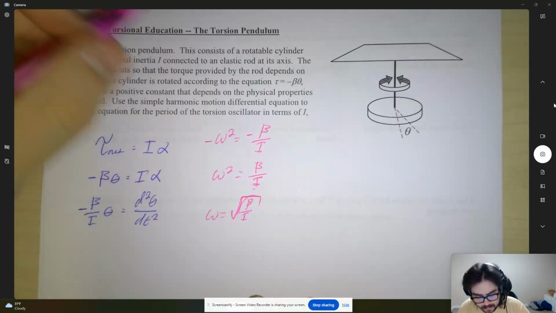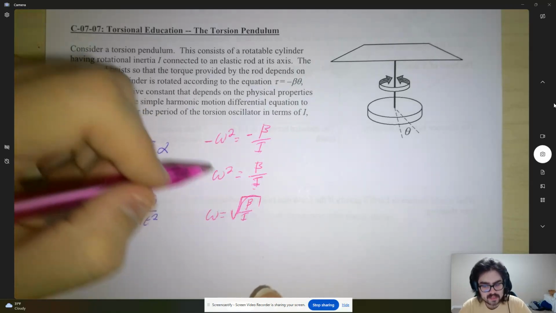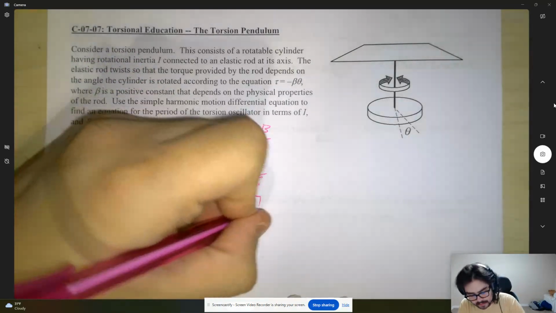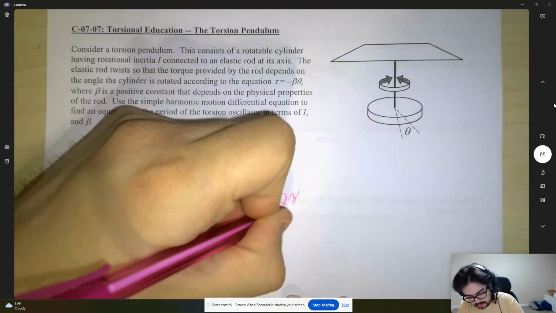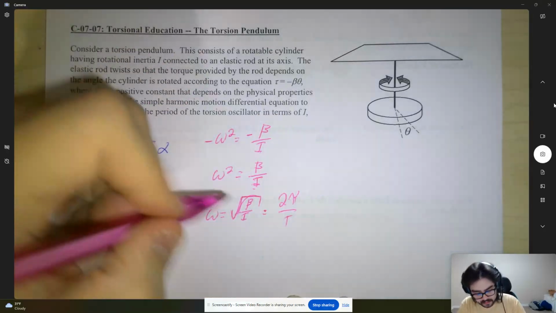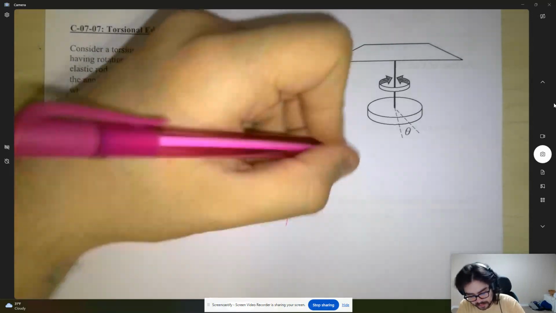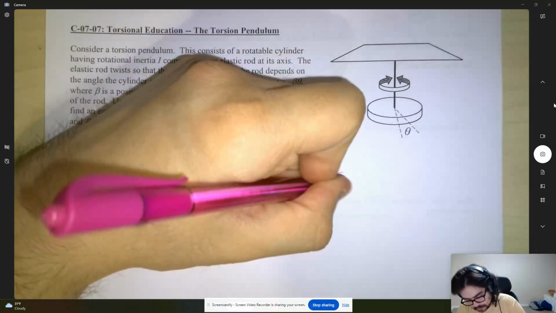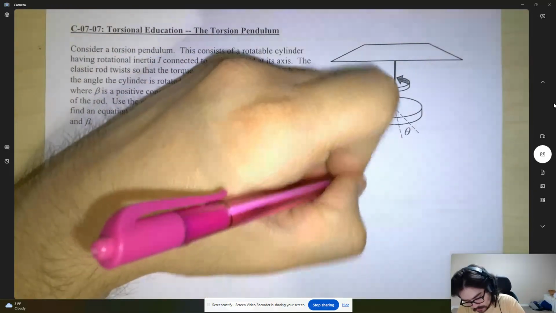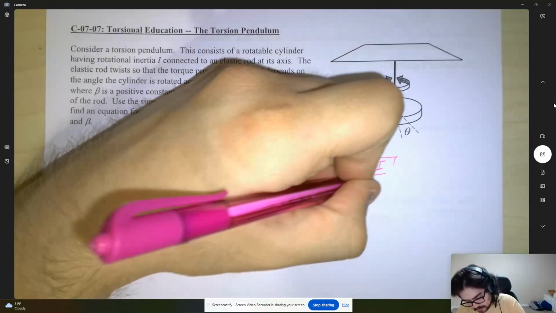Then I will set this equal to 2 pi over T, and then I can figure out the period. So I'm going to flip both sides like I always do. T over 2 pi equals root I over beta.